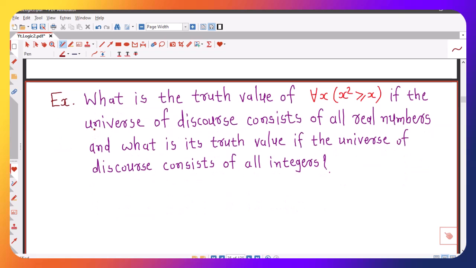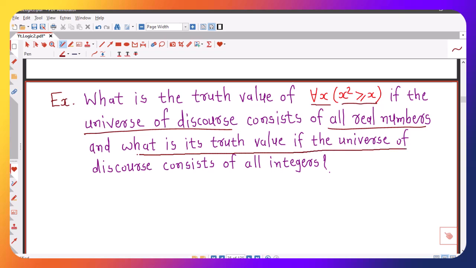I have taken another example. What is the truth value of for all x, where the statement function is x square greater than or equal to x, if the universe of discourse consists of all real numbers? And what is the truth value if the universe of discourse consists of all integers? So here we have to find the truth value for different domains for this same statement function.